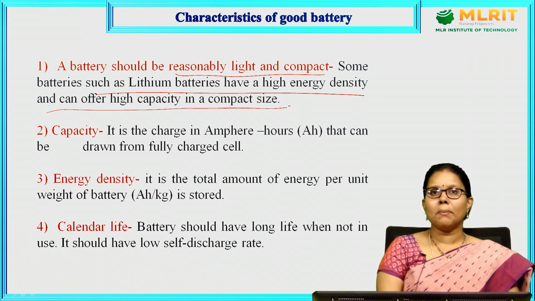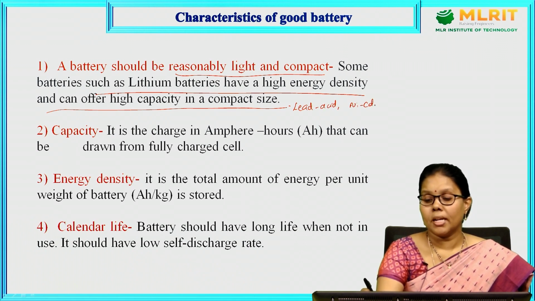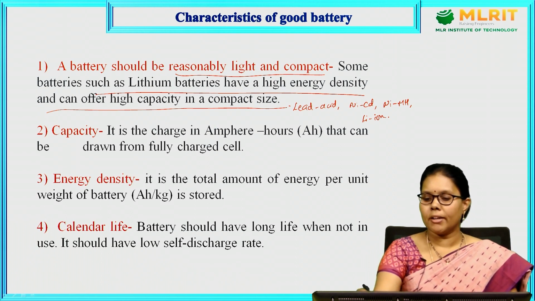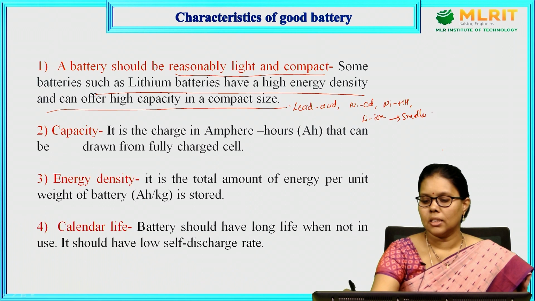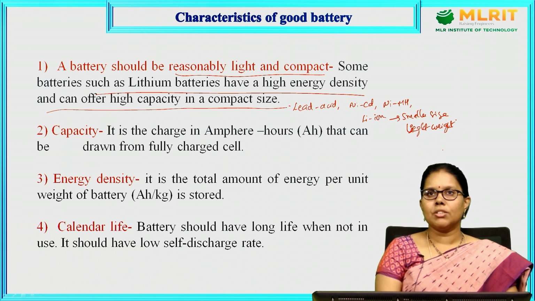Today's example is the lithium ion battery. When compared with the previous batteries, such as the lead acid battery, nickel cadmium battery and nickel metal hydride battery, the lithium ion battery is smaller in size and lightweight, and it is compact and enclosed, so there is no leakage of aqueous electrolytes.